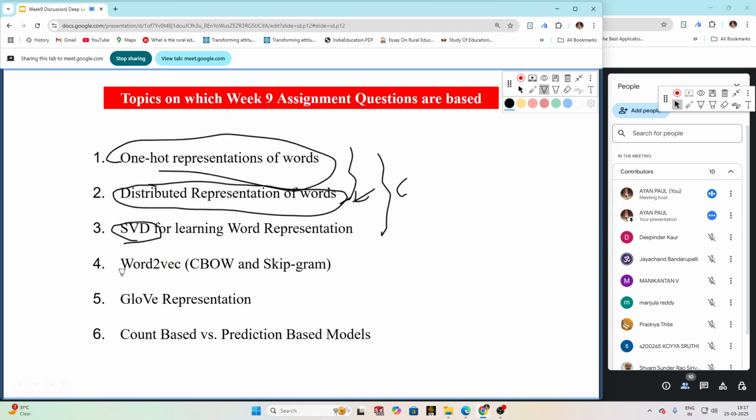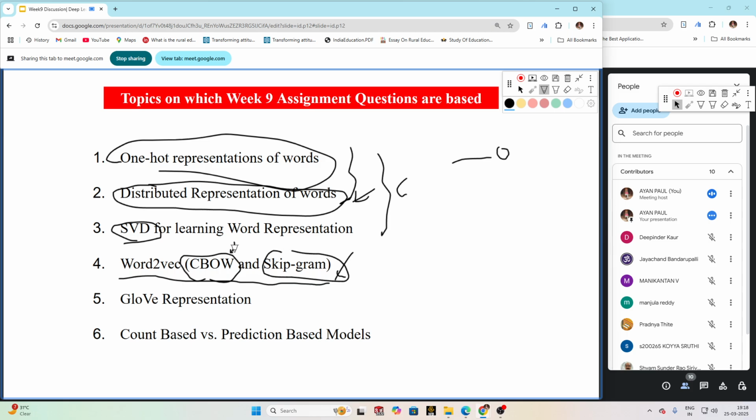After that, we have discussed word2vec models, that is the predict based models. In a predict based model, we give a set of words and we are interested in predicting the word that will come after this set of words. There are two models. One is the continuous bag of words model, and the second one is the skipgram model.